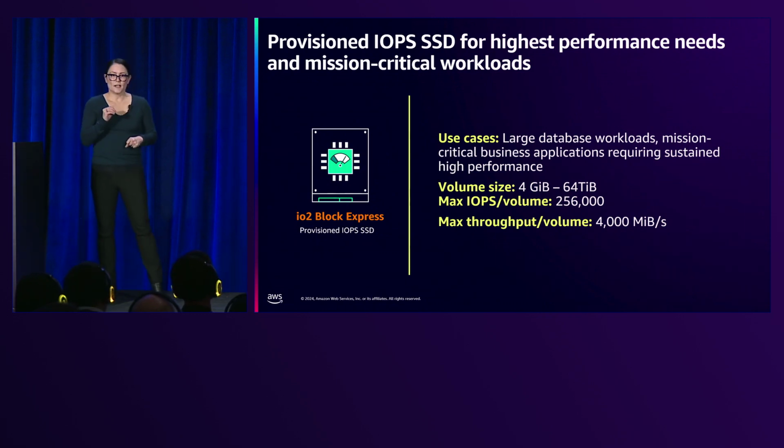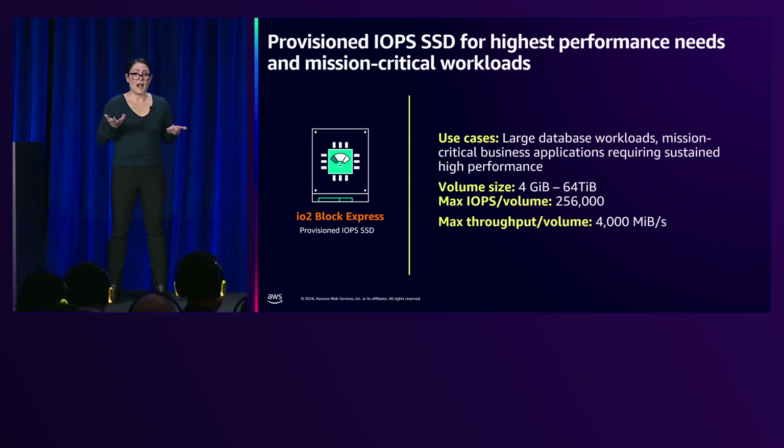IO2 Block Express volumes were built very specifically for the highest IO-intensive performance requirements and to provide consistent sub-millisecond latency performance. IO-intensive applications and databases are very frequently at the core of critical business transactions, so IO2 Block Express was designed with those in mind. When we were designing IO2, we actually designed a new networking protocol called SRD, which stands for Scalable Reliable Datagram.